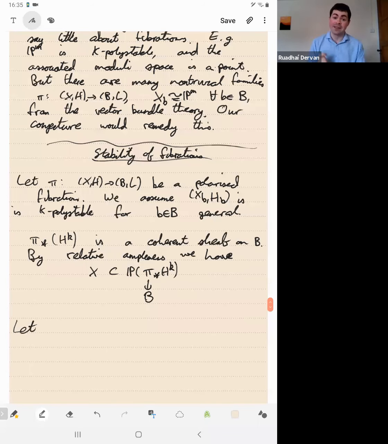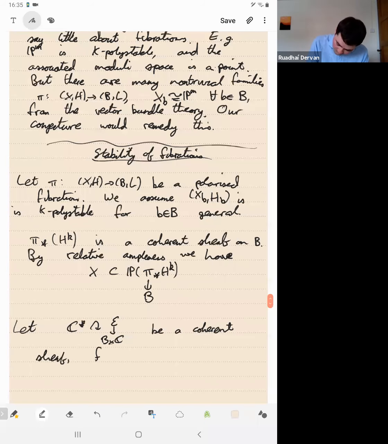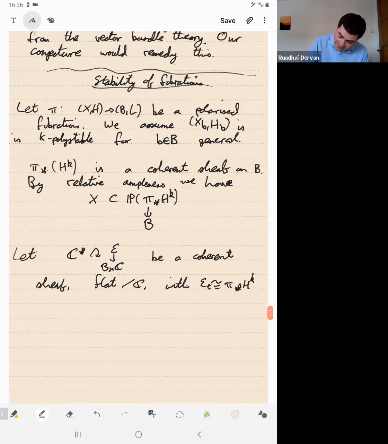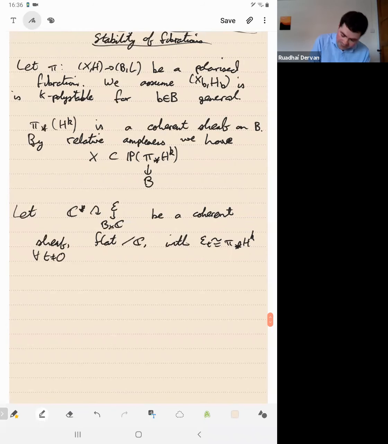We now take a degeneration of this coherent sheaf. We let C* act on a coherent sheaf ℰ over B × C, which is flat over C, where the general fiber ℰ_t is isomorphic to π_*H^k for all t not equal to 0. These are like the vector bundle analogs of test configurations, and they are very familiar objects in the study of vector bundles.